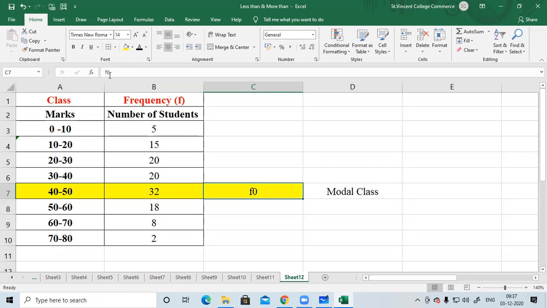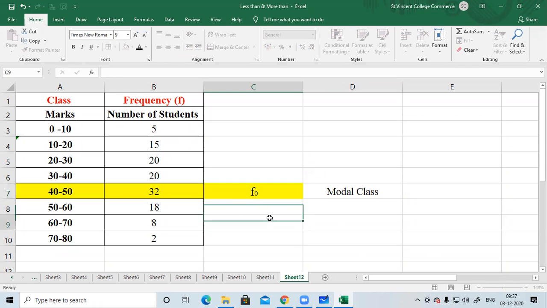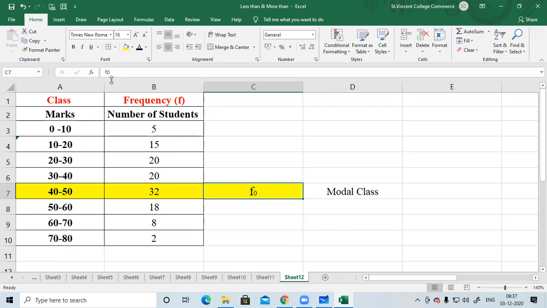Please adjust with that, the subscript not coming down, because in Excel we don't have subscript and superscript. Sorry, my mistake. Kindly excuse, children. This is F1.